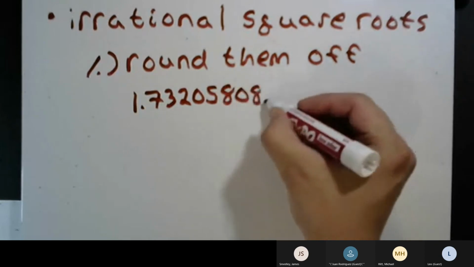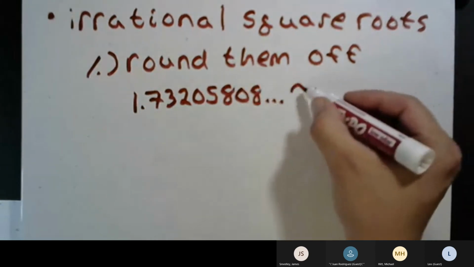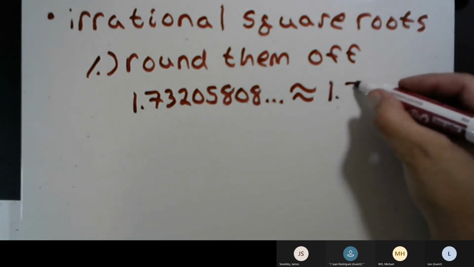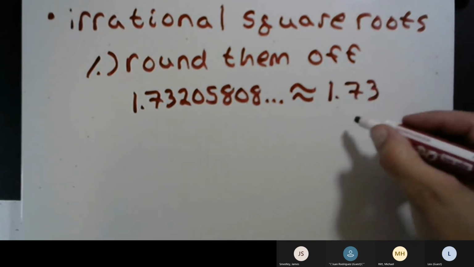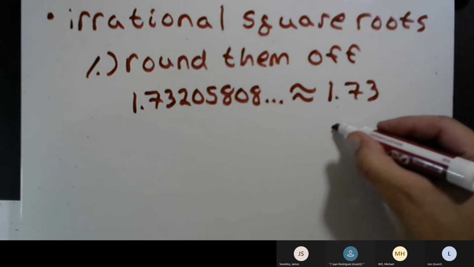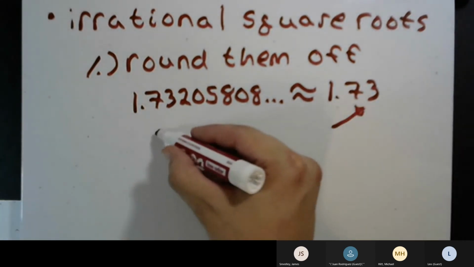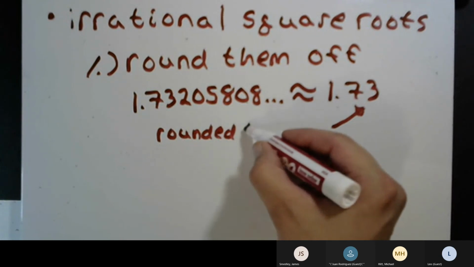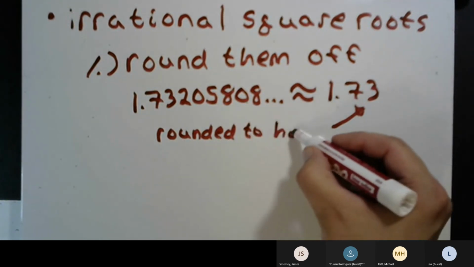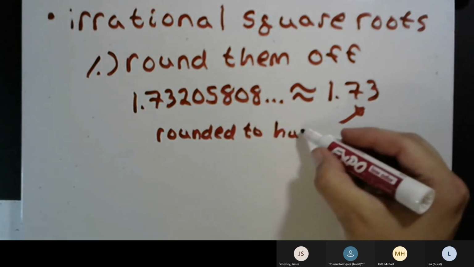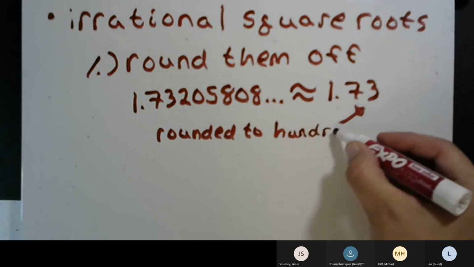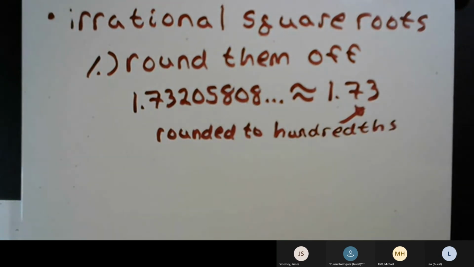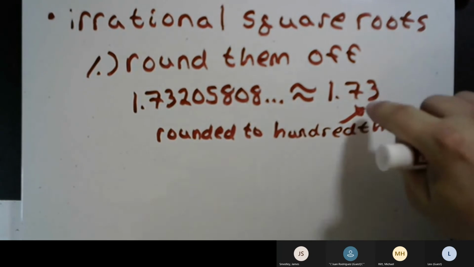And so what you might do is round it off, say, to the thousandths place. Oh, let's go to the hundredths. So we rounded this to the hundredths.